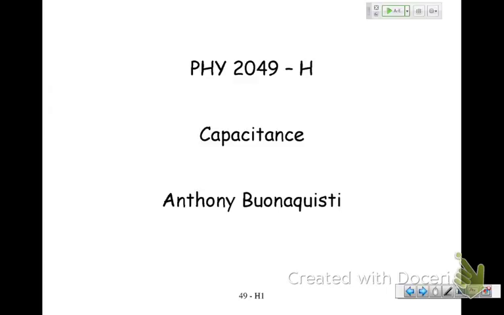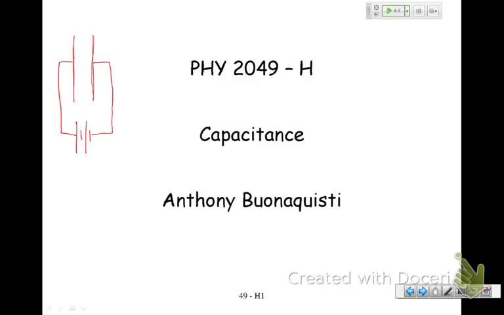The most common capacitor is what's called the parallel plate capacitor, which you can imagine is just a plate of metal with another plate of metal that's close by, and in between them, connected to them, we have some kind of power supply. So a battery would be a very typical thing.